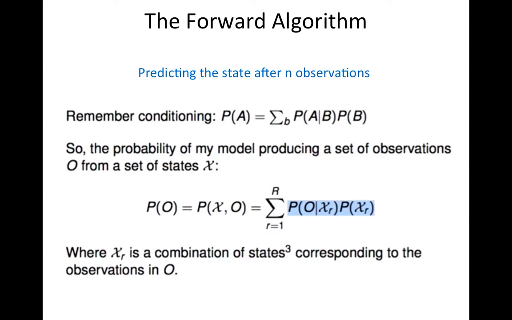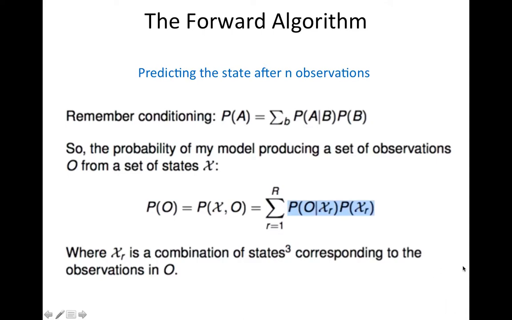Once you have this, we can see the conditioning: the probability of A is the sum over all B of the probability of A given B times the probability of B. So the probability of my model producing a set of observations, the probability of O, is the sum over all the possible combinations of the states.